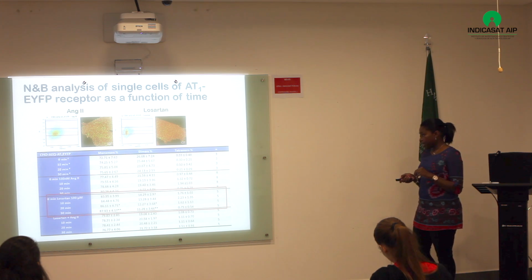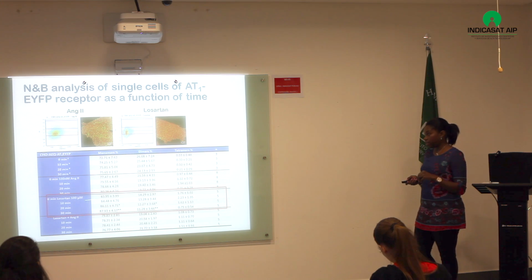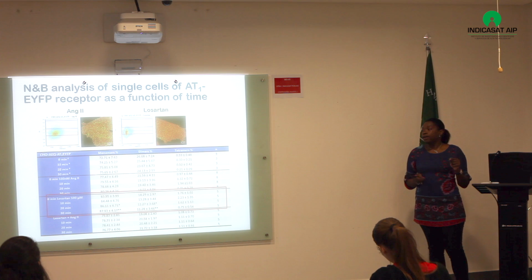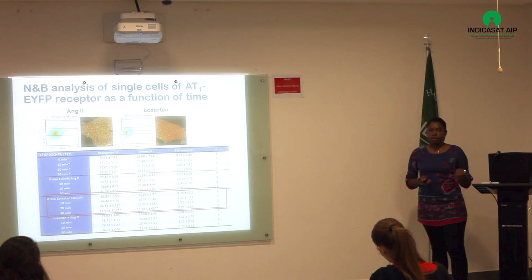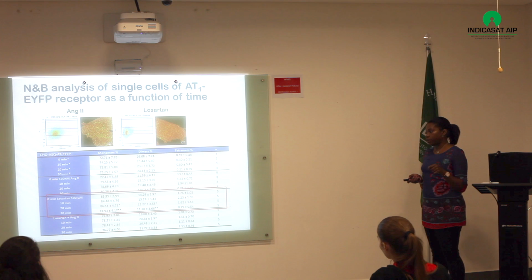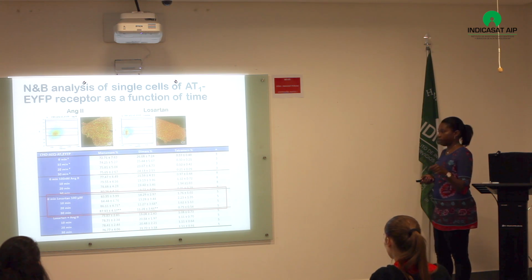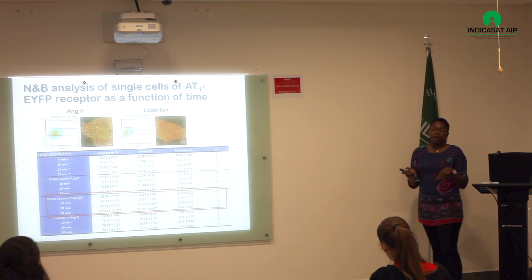But when we tried the antagonist losartan, we see that there is a decrease in the percentage of dimers and an increase of monomers. So there is a relationship: the dimers were decreasing, and after this, we observed that the percentage of monomers increased.